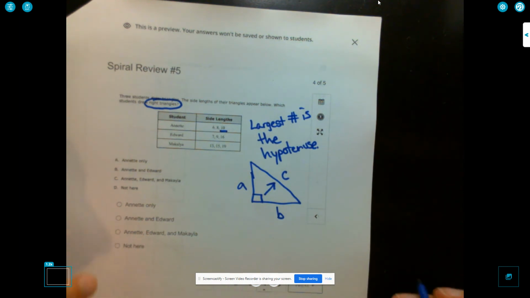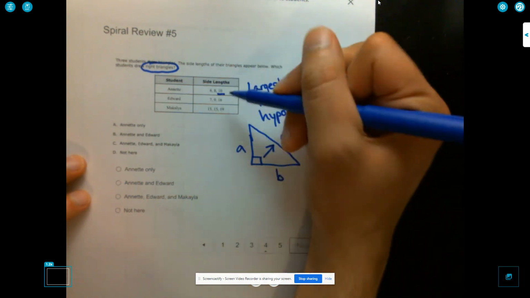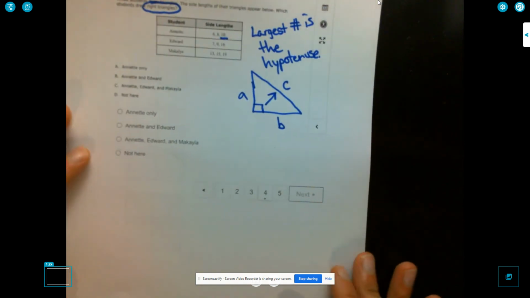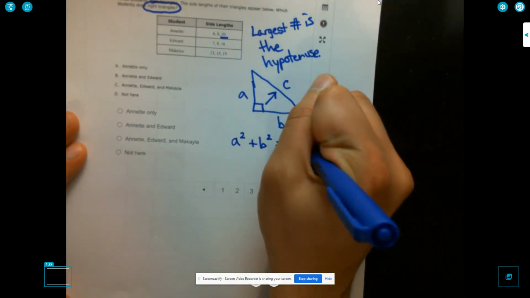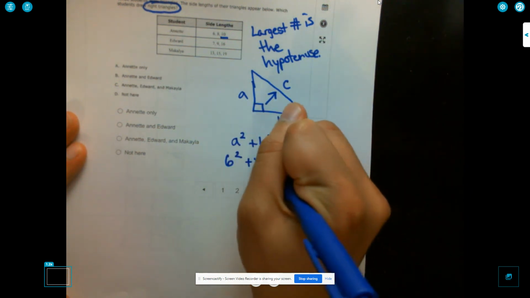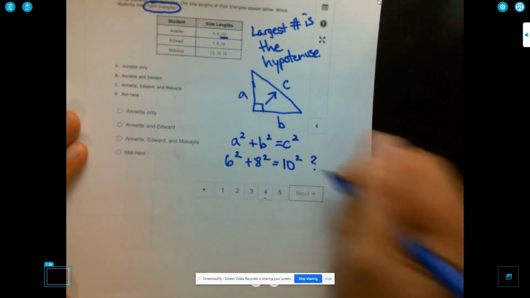So what it wants you to do is it wants you to prove if it's a right angle or not. So what you're going to do is for each one, for Annette, for Edward, and Michaela, you are going to set up a squared plus b squared equals c squared. So 6 squared plus 8 squared is equal to 10 squared. So they want you to prove if that's true or not.